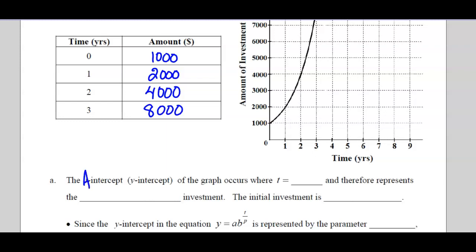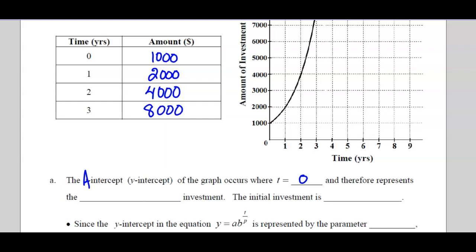Can you fix that on yours? No, it should be we're talking about the y-intercept, that's your amount. T-intercept is here, and there isn't one. So it should be the a-intercept of the graph occurs when t equals 0.